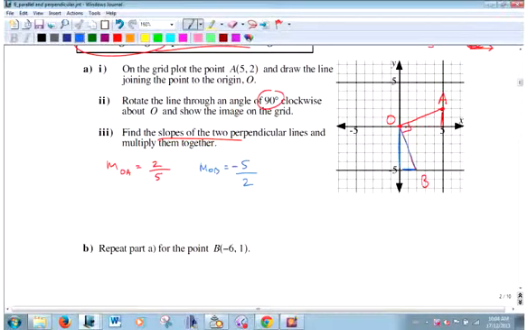You don't see the relationships here. Well, maybe you do if you're really clever. So let's find out. Multiply these together. 2/5 times -5/2. How do you multiply fractions?